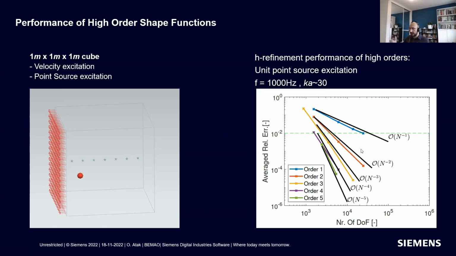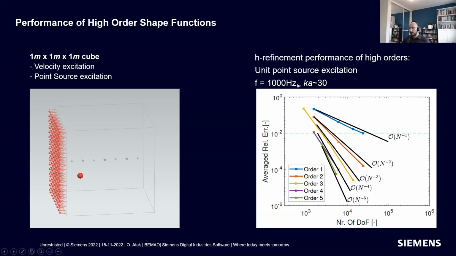We're just taking a given mesh, assigning order 1, order 5, or some other field order, and then just doing h-refinement with high orders. What we wanted to see was the convergence characteristics of these high orders.